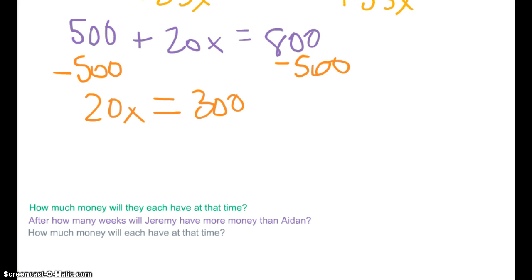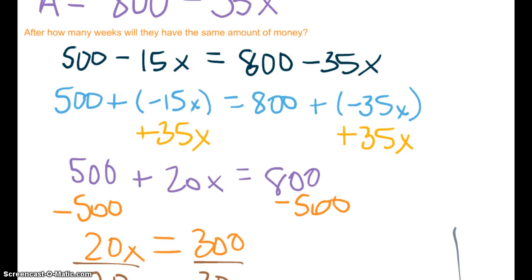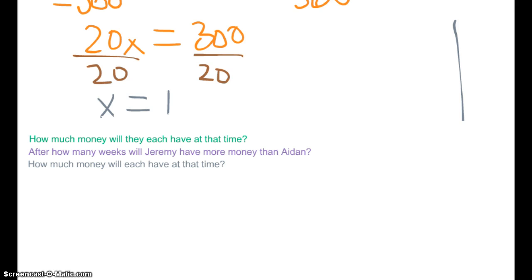Then I'm going to divide both sides by 20, and I am left with x has a value of 15. So the question was, after how many weeks will they have the same amount of money? x is weeks, so after 15 weeks they will have the same amount of money.